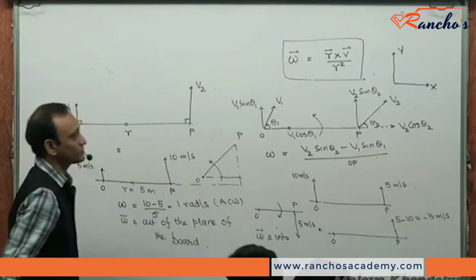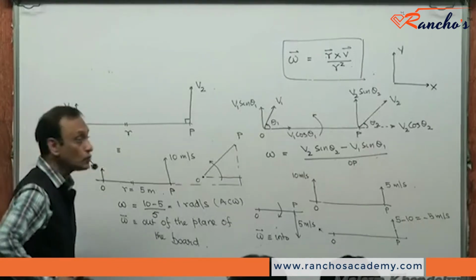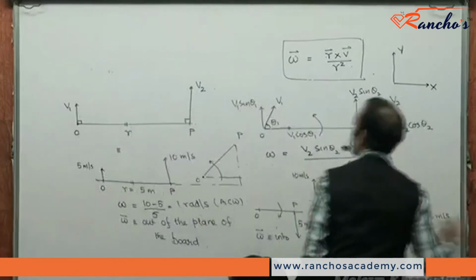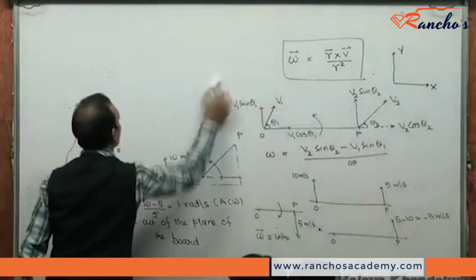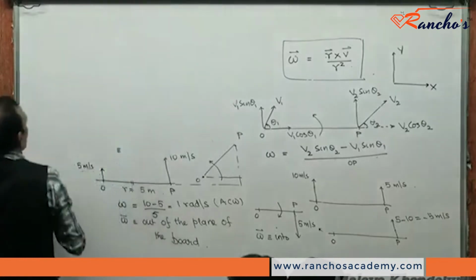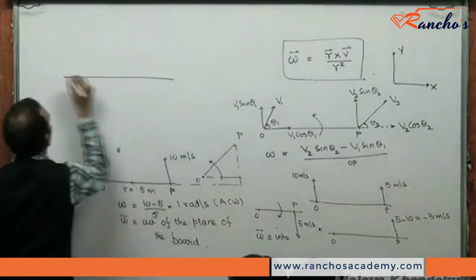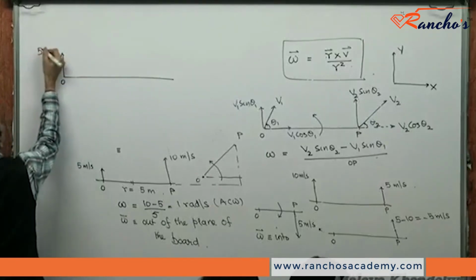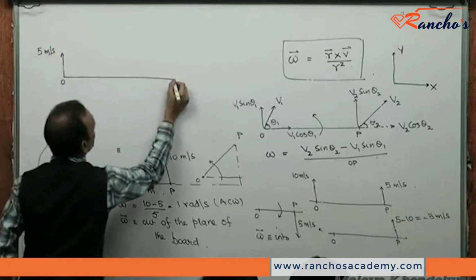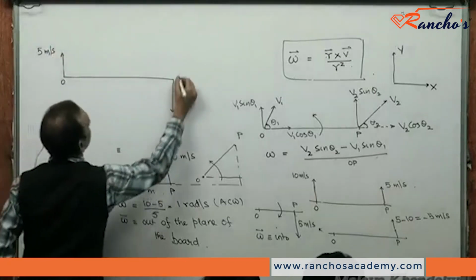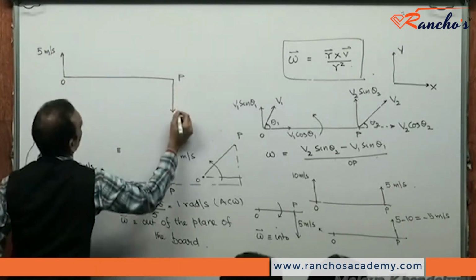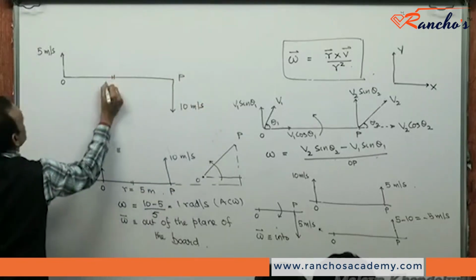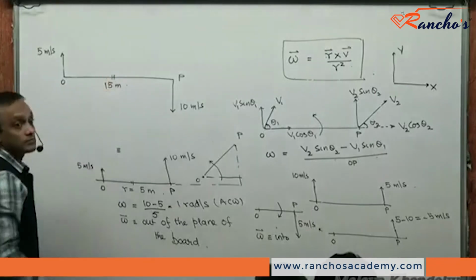So far so good. Suppose I had O having a velocity 5 meters per second like this, upward, perpendicular to the line joining O and P, and P had 10 meters per second like this, and the separation between them was 15 meters.